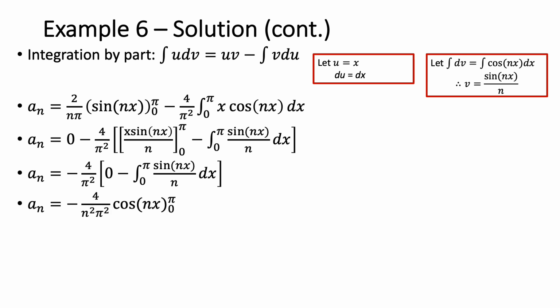An equal minus 4 over n square pi square cos nx for 0 to pi. And if we substitute the 0 and pi, we have An equal 4 over n square pi square times 1 minus cos n pi.